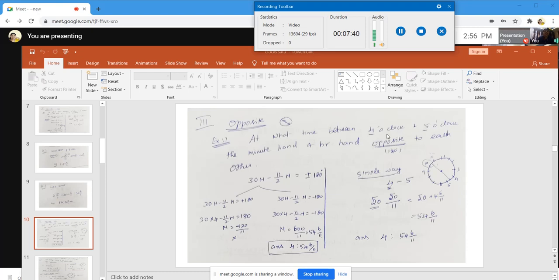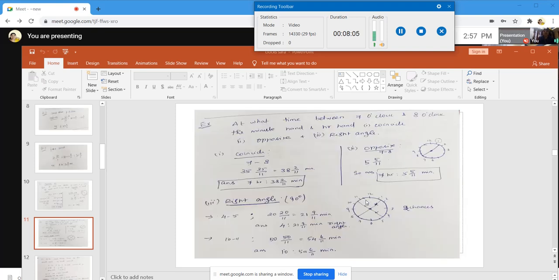The minimum hour given in the problem is 4 o'clock. So 4 hours 54 6 by 11 minutes. That is the time at which the hour hand and minute hand will be in opposite direction. So in coincide we have to consider the given minimum hour to write the answer in a simple way. In opposite direction we have to consider the time which is opposite to the one given in the question.